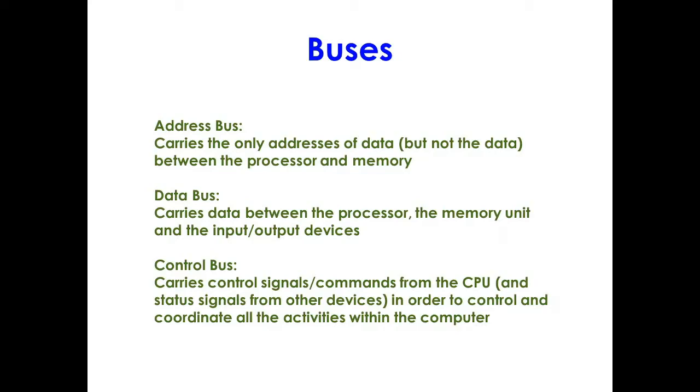Let us talk about it. Address bus, from the name, it's clear that it carries only the addresses. Data bus carries the data, and control bus carries the signals or commands from the CPU to the other parts. So each bus is used for different purposes.